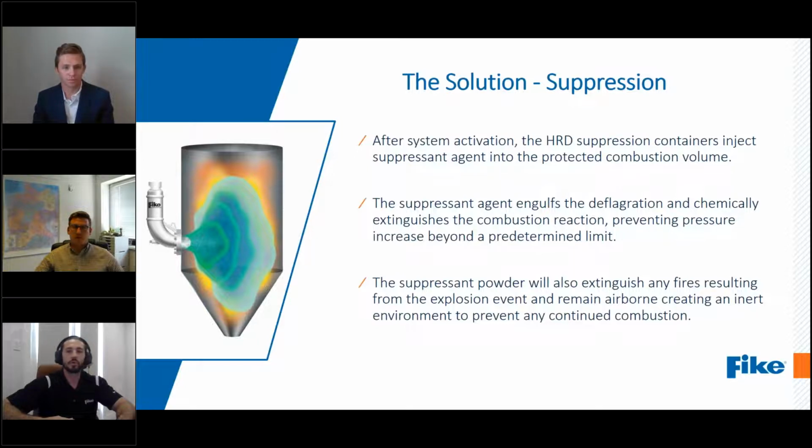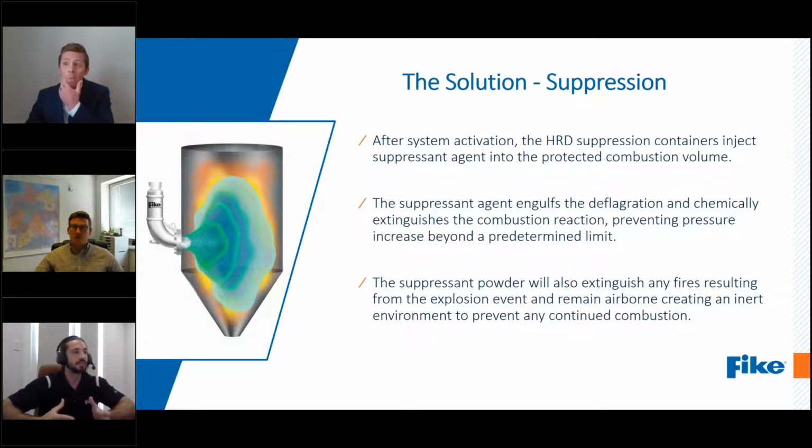A little bit more detail on suppression as a protection solution first. After we activate our system through detection and input signal to our controller, the HRD suppression container will inject a certain payload of suppressant agent into the combustion volume, what we consider to be the protected volume.